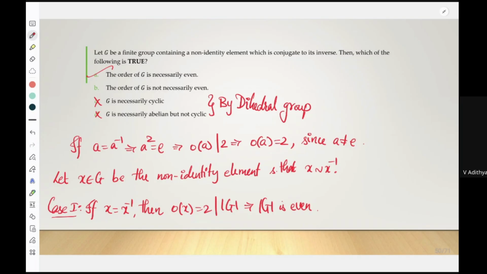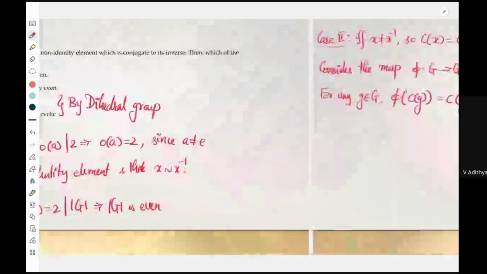That's true. Anyways, I'll try to solve this, and if I get the solution, I'll post it. But now I think we can move to the next question because we are running out of time. Is that fine? Okay, sorry for this.